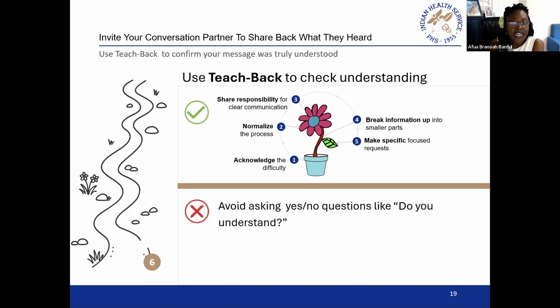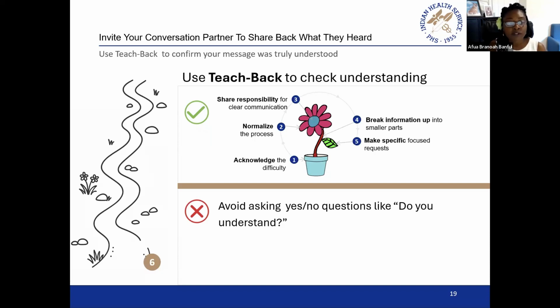You want to normalize that you do the teach back and ask questions of everybody so that they don't feel like they're being singled out or you are making any assumptions about their understanding. You want to clarify that clear communication is a shared responsibility. It's not just their job to understand everything that you have said. You have a job to explain it in a way that they are likely to understand.